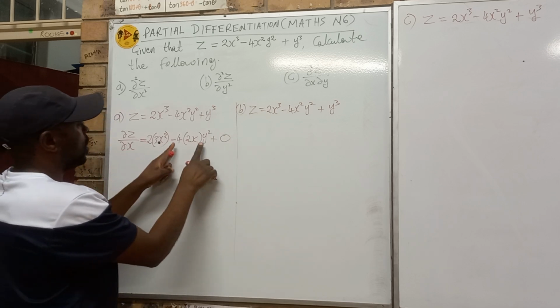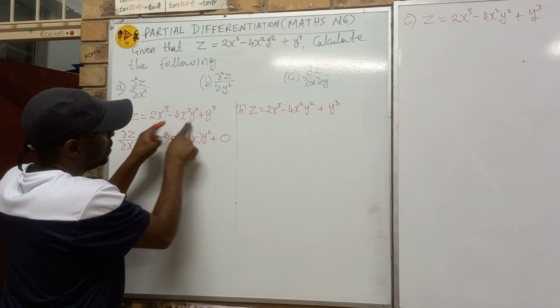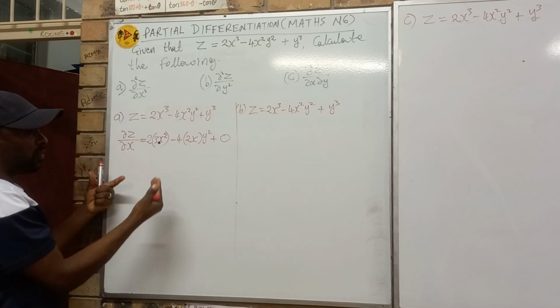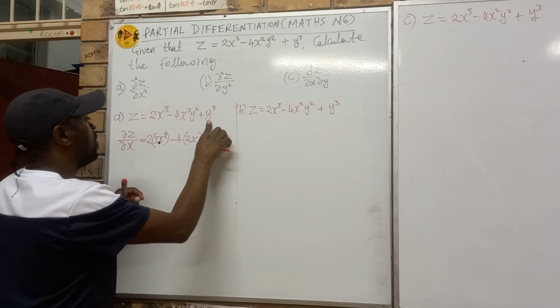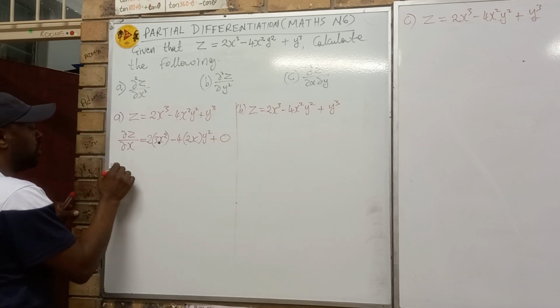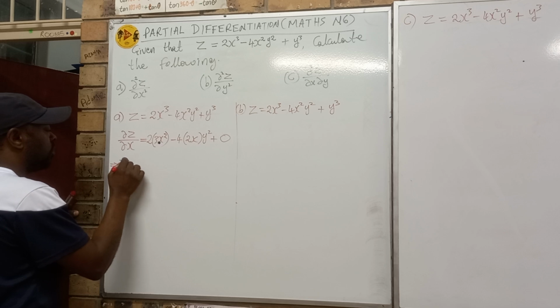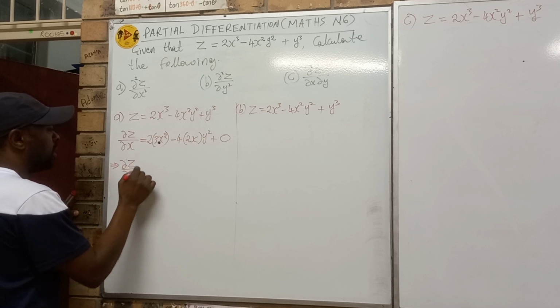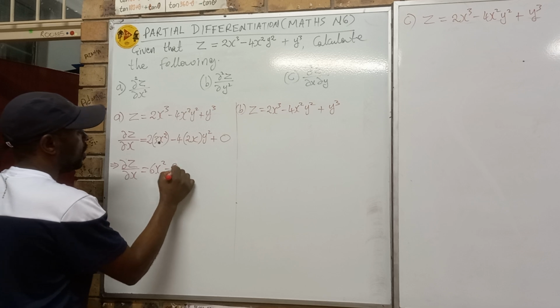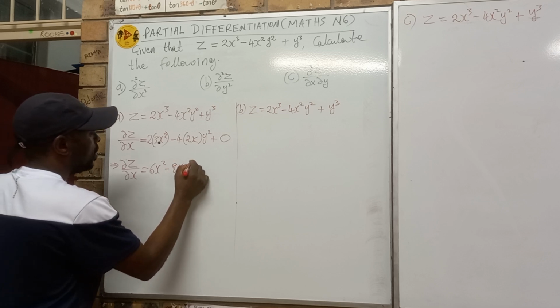But when you look at these other ones, you are not allowed to differentiate a constant when you are seeing the variable. You always prioritize the variable, differentiate it first. If you don't see the variable, then the derivative of the constant is 0. So this therefore means that the partial derivative of z with respect to x is 6x squared minus 8xy squared.